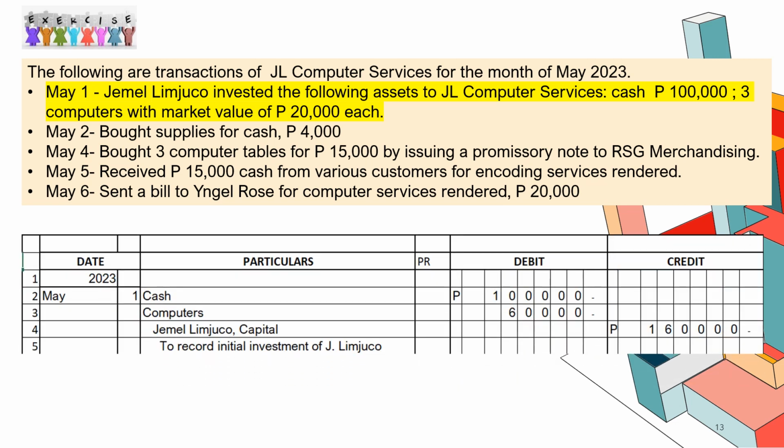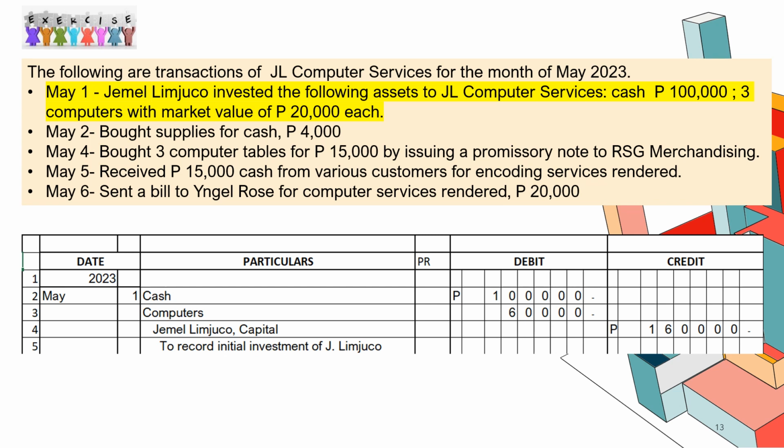So we have May 2023. 2023, May, and then 1, we debit cash 100,000 because an increase in cash means debit. Computers mean a positive increase, so we will debit 60,000. And then we credit Jemel Limhoco, capital, slightly indented, total 160,000. An increase in capital means positive, you will credit it.